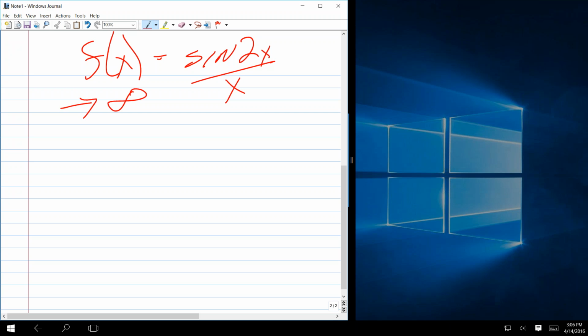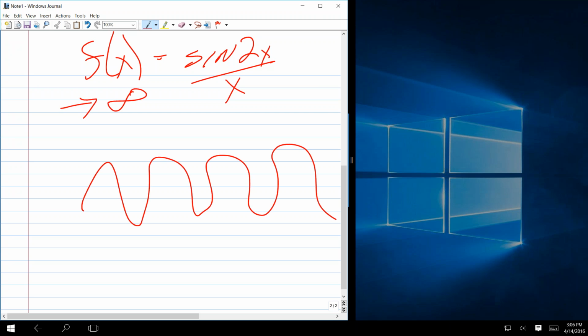The numerator is oscillating like that. Whether it's 2x or x doesn't matter. The numerator goes up and down. So as we go further and further to the right, the numerator bounces back and forth between +1 and -1. But the denominator keeps getting bigger and bigger and bigger.